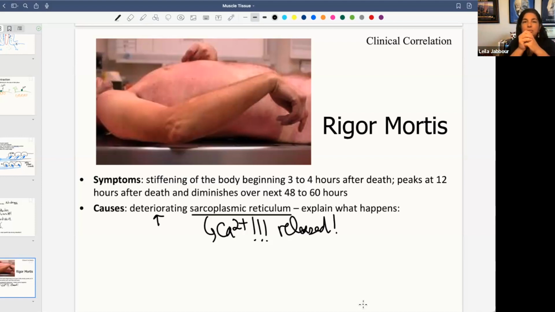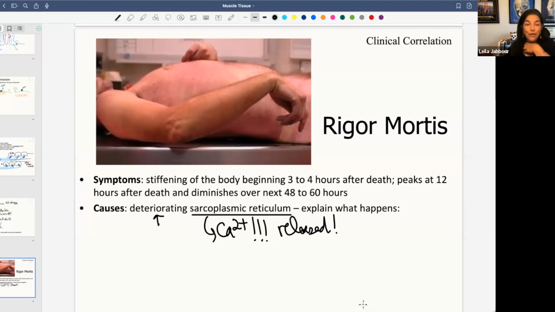They form the cross bridge, they create the contraction, and they don't release because you need ATP to have the heads of the myosin cock back out to bind again and continue the ratcheting. Here, it's just one contraction and that's it. And it's stuck there because there's no ATP.